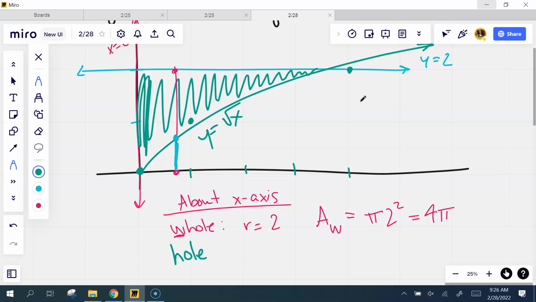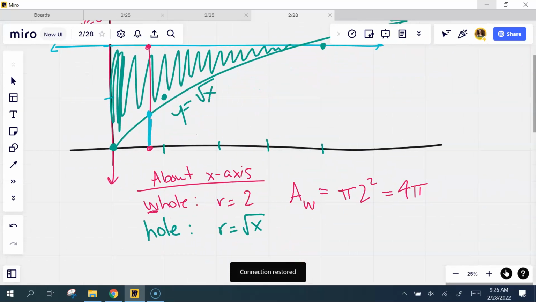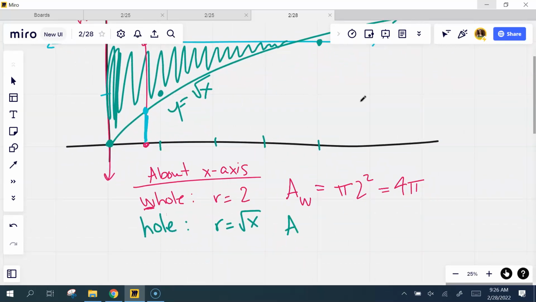The radius of the hole is the square root of x. So the area of the hole is pi times the square root of x squared, so it's just pi x.